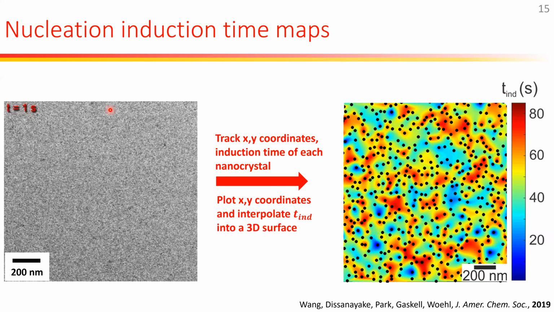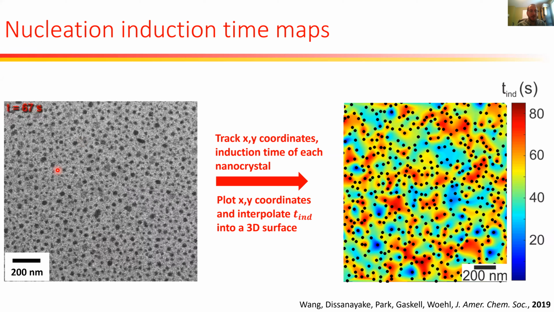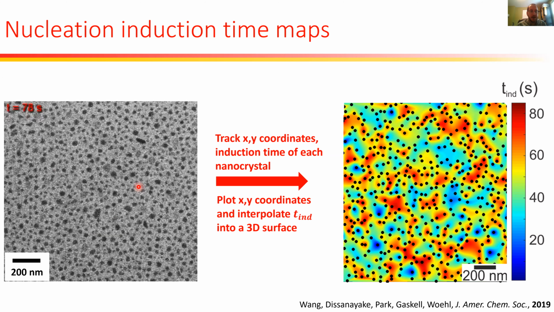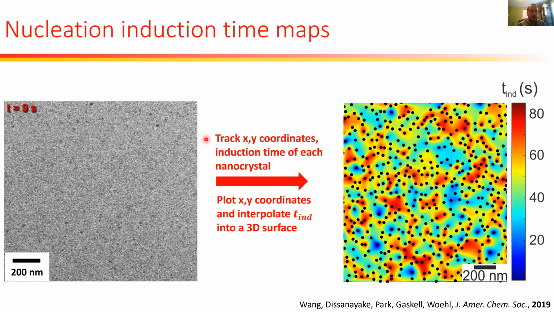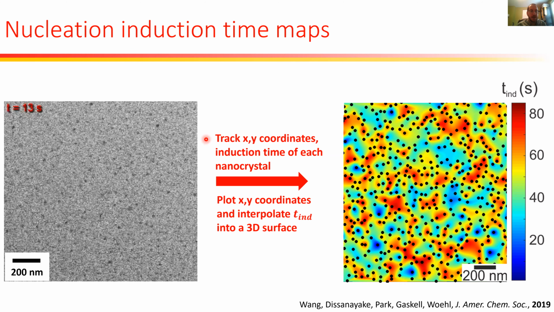Okay, so we have a video of nanocrystal nucleation happening here on the left. We worked with our collaborator, Chi-Woo Park, who's an expert in machine vision at Florida State University. What he was able to do was essentially track the X and Y coordinates of each nucleus, so where each particle forms, as well as the time at which they form in reference to time equals 0.